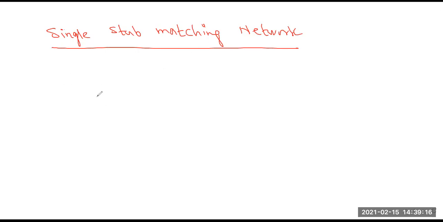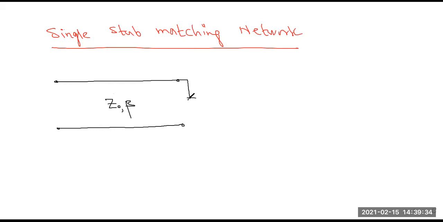So let's assume that this is the problem that we are facing: there is a transmission line. This is our main transmission line or main system, and we have connected it with a load represented by ZL, and ZL is not equal to Z0.